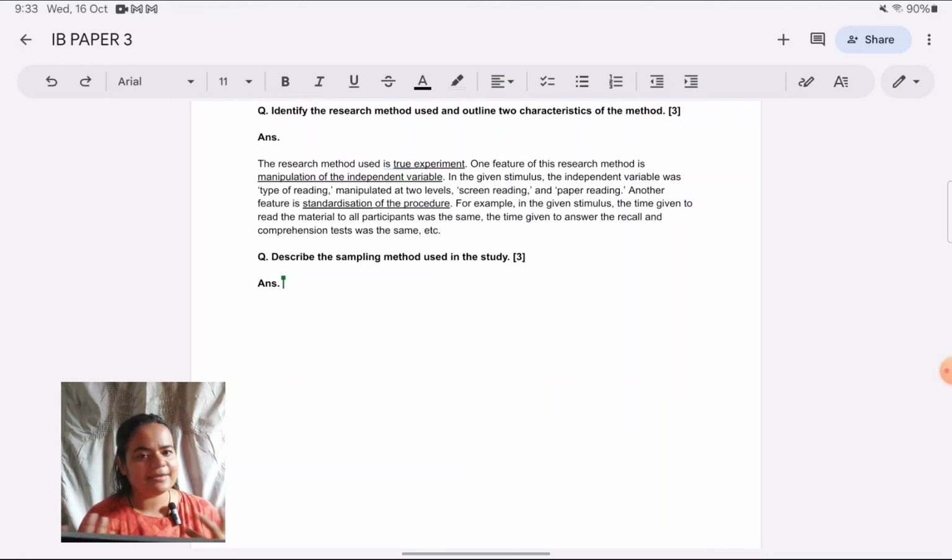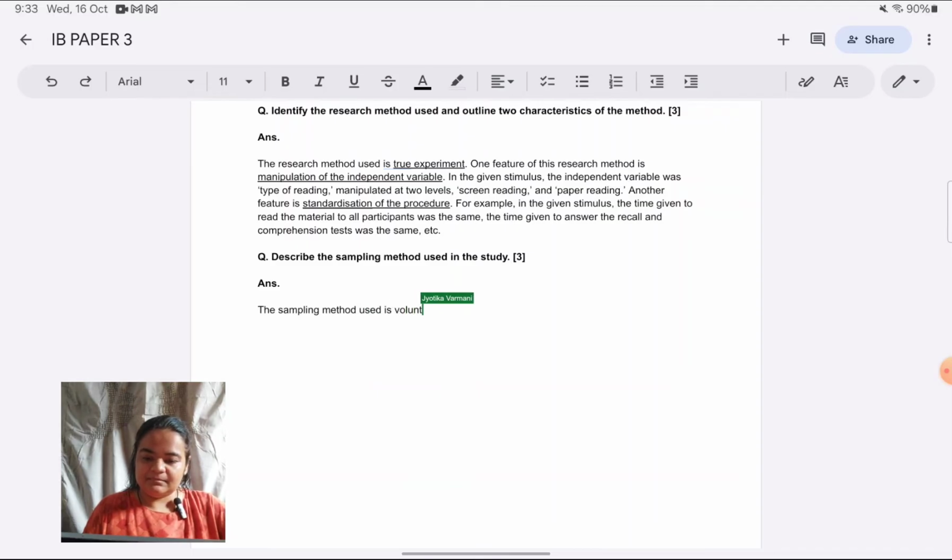So taking exactly the same approach that we did to the previous question. So here I would say the sampling method used is volunteer sampling. You can call it self-selected sample or so. It's correct. It's just that I'm trying to make use of wording given in the text.